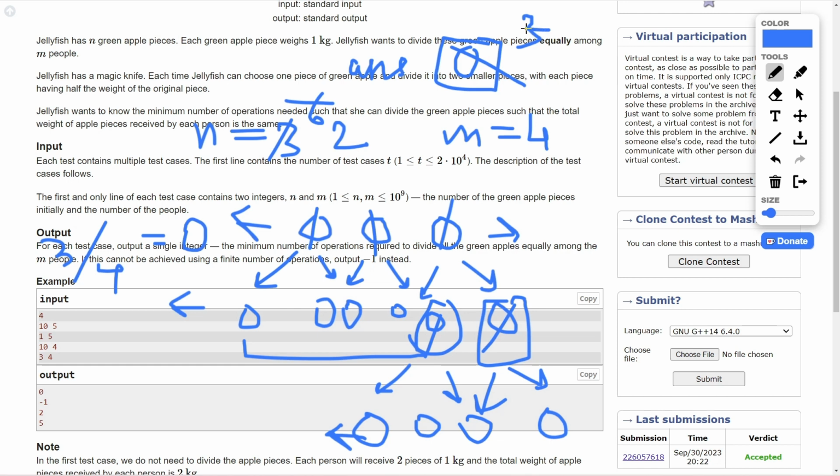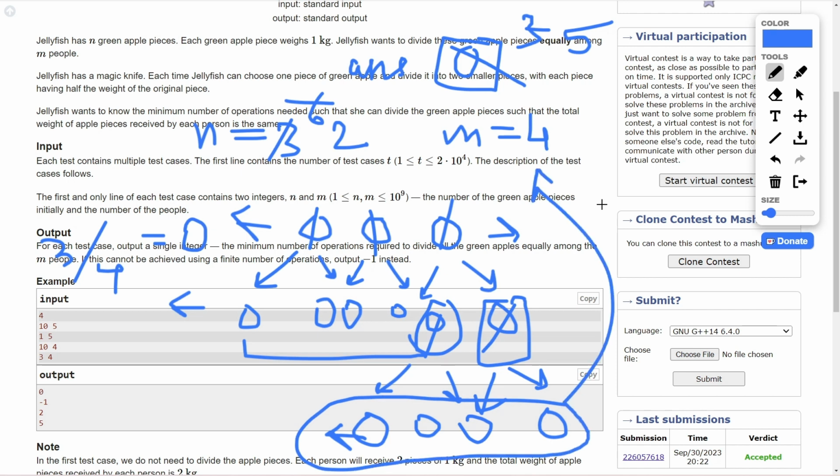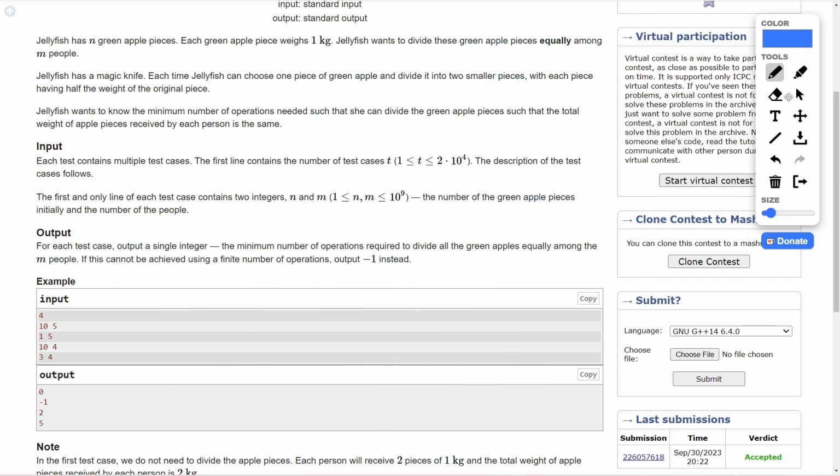So let's add to the answer: 3 plus 2, 5. We have 4 equal pieces. Can we divide these to this n number of people? Yes, we can. So we will divide, and our answer is 5. So this involved a lot of math concepts.